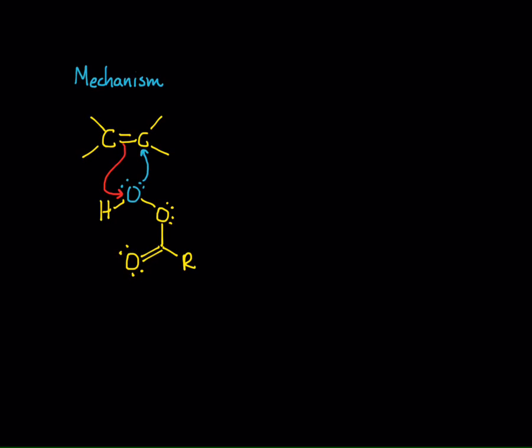So an oxygen-oxygen bond is going to break. It's the weaker bond. And those electrons are now going to go form a pi bond between the yellow oxygen and the carbon. But if that's occurring, now that carbon has too many electrons, and so a pi bond from the carbonyl is going to remove the proton off of the peroxy acid. And then the electrons from that oxygen-hydrogen bond are going to go to the oxygen.